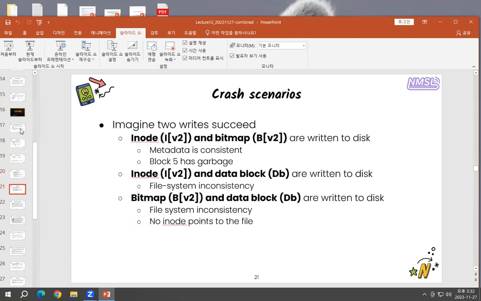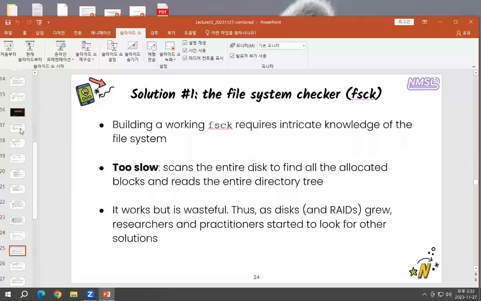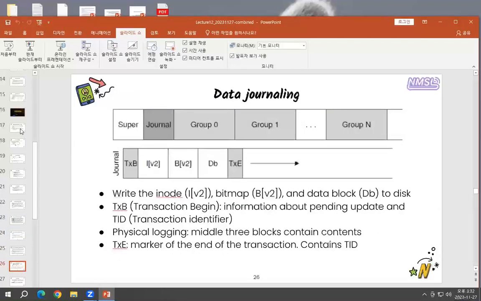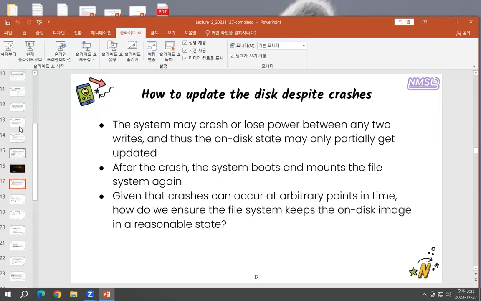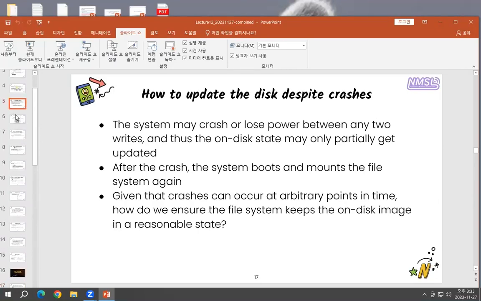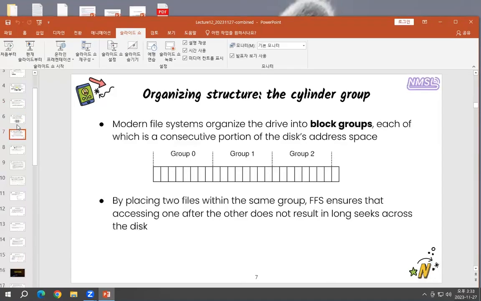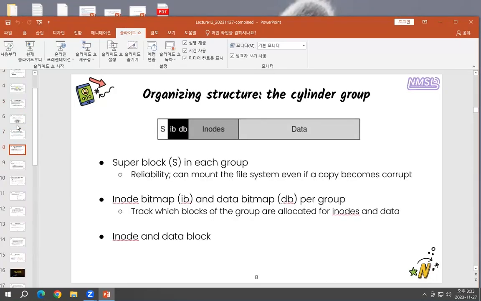So the question is, do we have this per cylinder group? So super block. Yes, it's per cylinder group, yes.